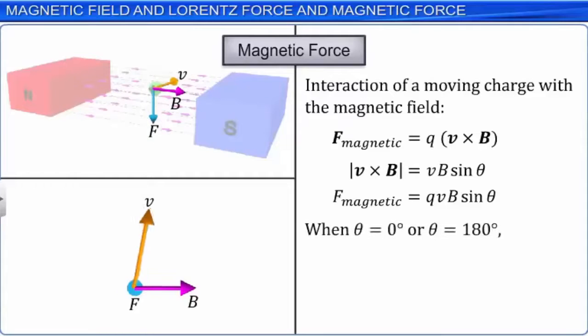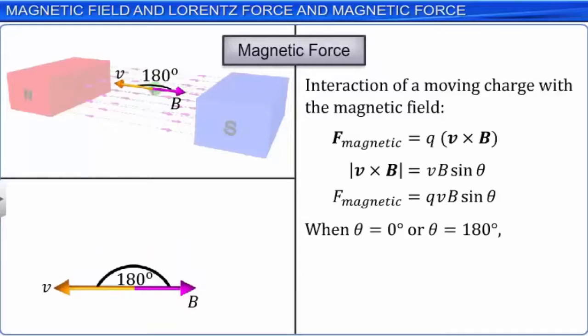When theta is 0 degrees or 180 degrees, that is, when charge Q moves parallel or anti-parallel, respectively, to the magnetic field, we have sin theta is equal to 0.